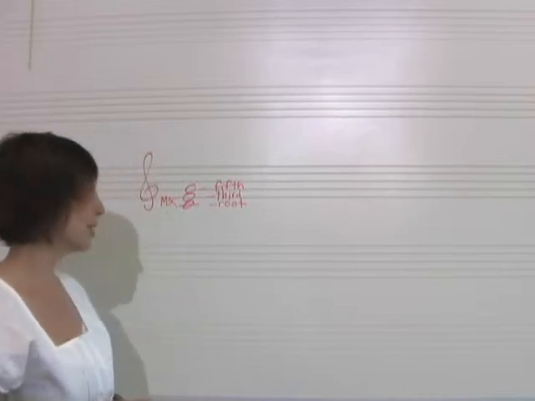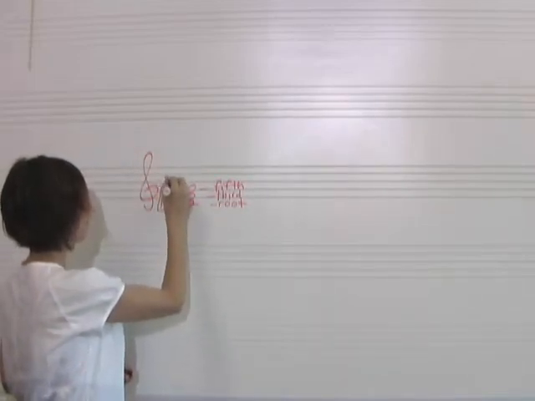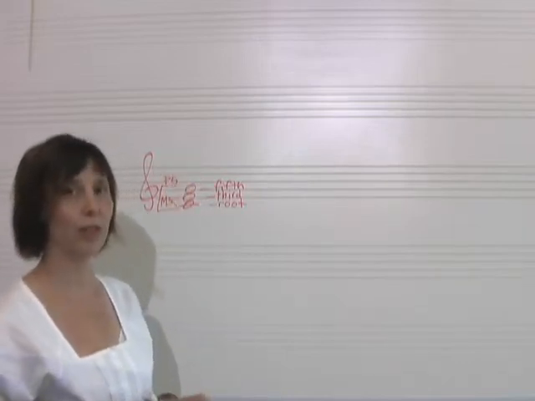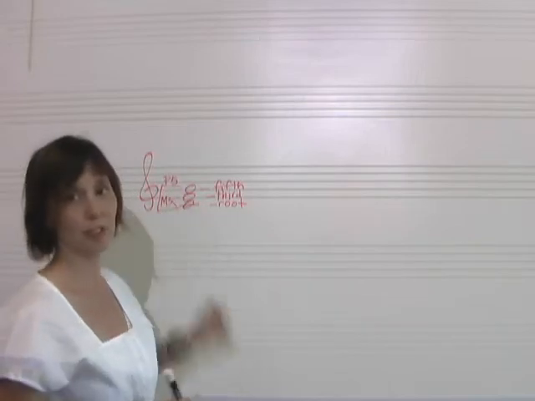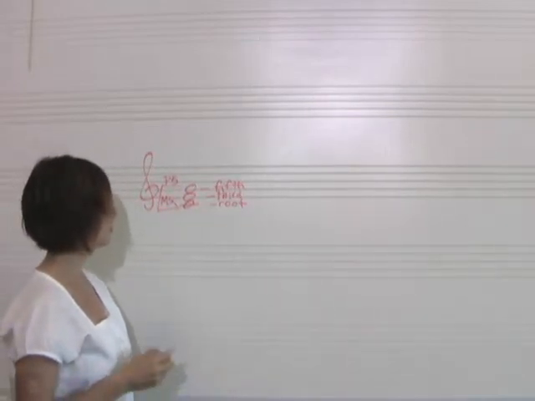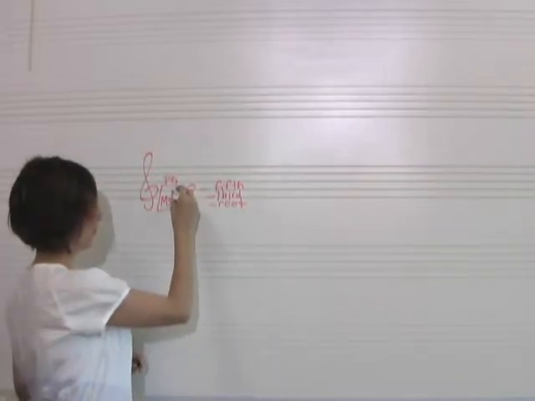A perfect fifth. Just for fun, let's also identify what kind of third we have from the third to the fifth. It's a minor third.